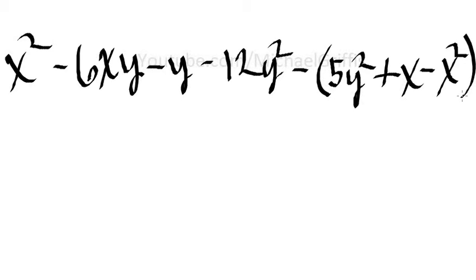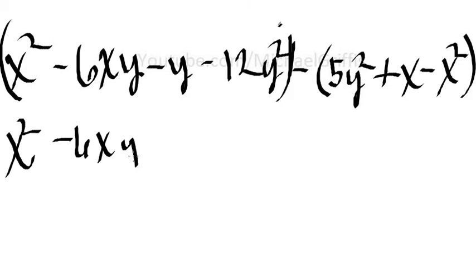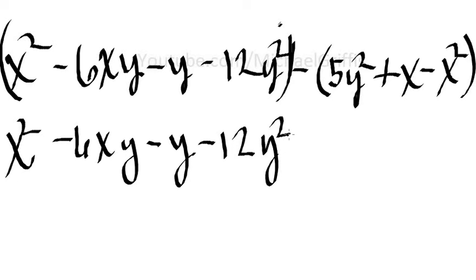So the first thing we're going to do, I should have put in parentheses around this, just for the heck of it. First thing we do is write that first part that was in parentheses. x squared minus 6xy minus y minus 12y squared.